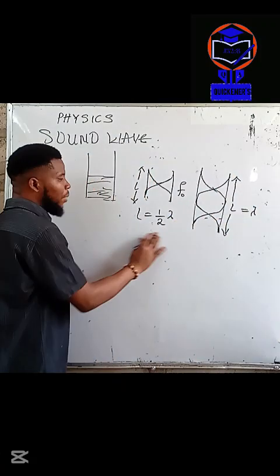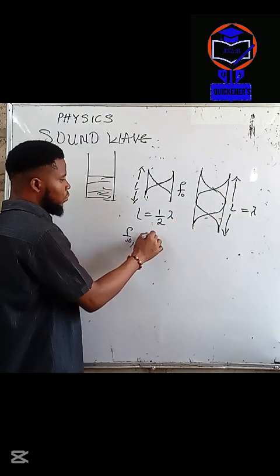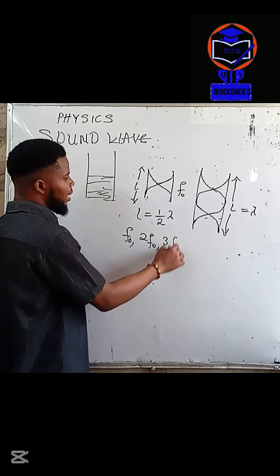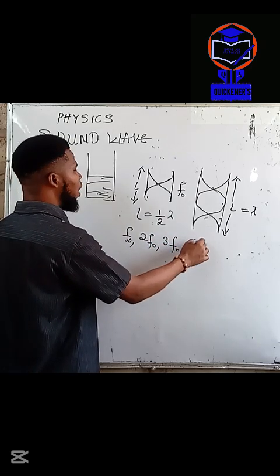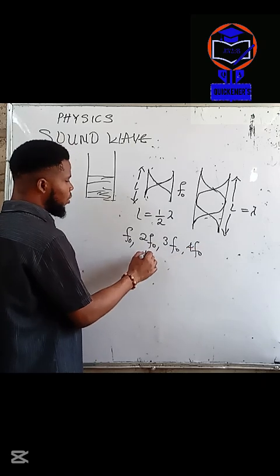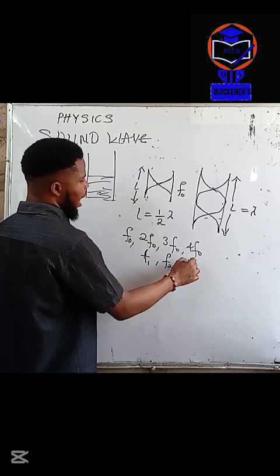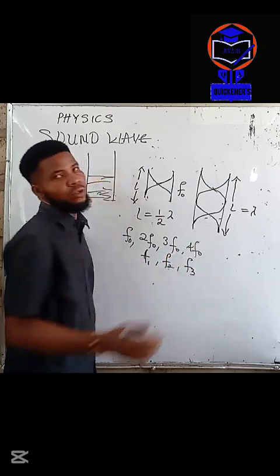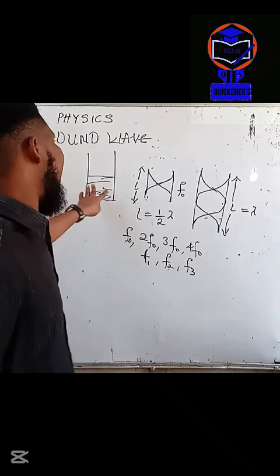So the harmonics will be the fundamental note, 2 times the fundamental note, 3 times the fundamental note, and 4 times the fundamental note. So this is first overtone, second overtone, third overtone, and so on. I hope you understand that. So this is for open-ended, and this is closed-ended.